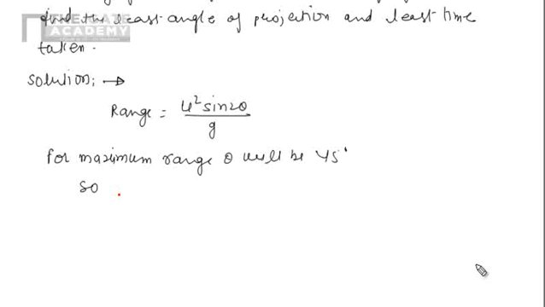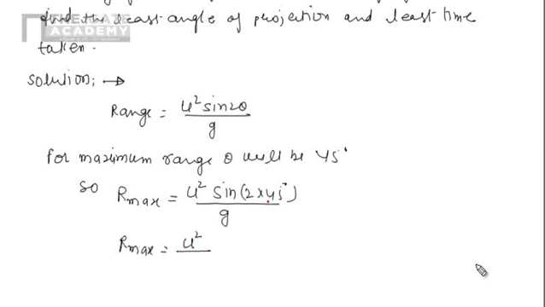So R max, that is maximum range, will be u square sine 2 into 45 degree divided by g. So R max will be u square sine 90 by g.